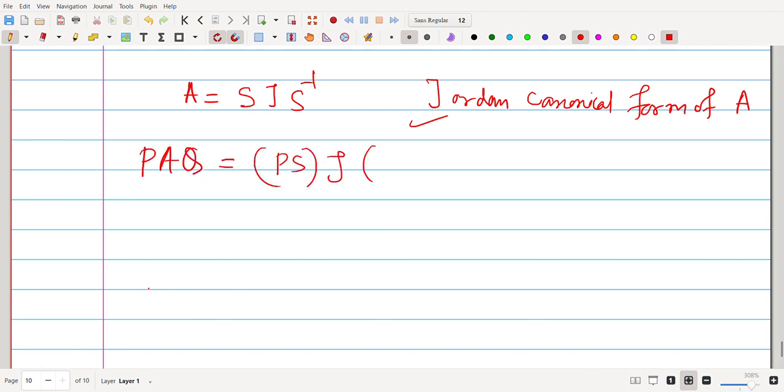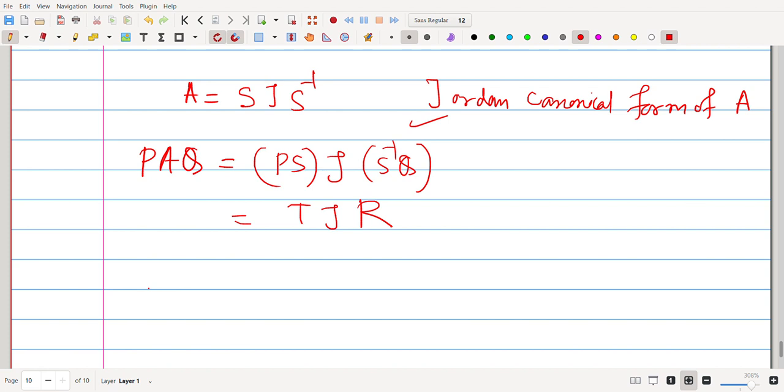Then PAQ is PSJS inverse Q. So say PS is some T, and S inverse Q is R.